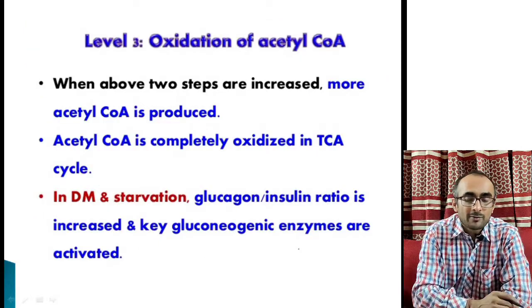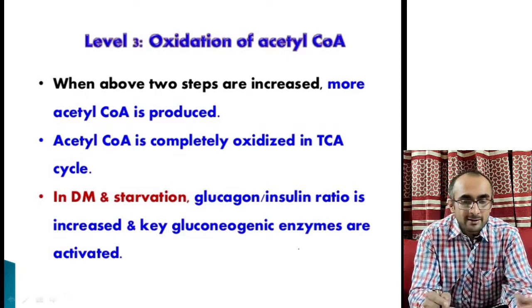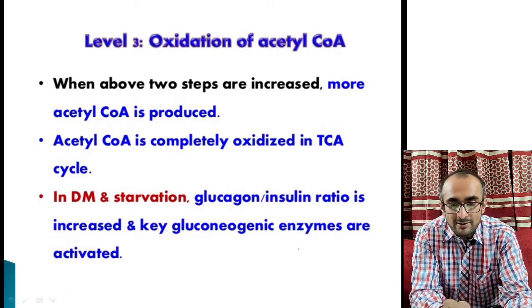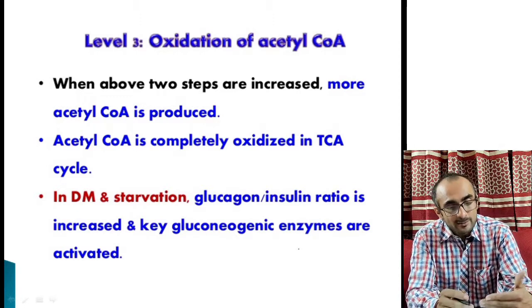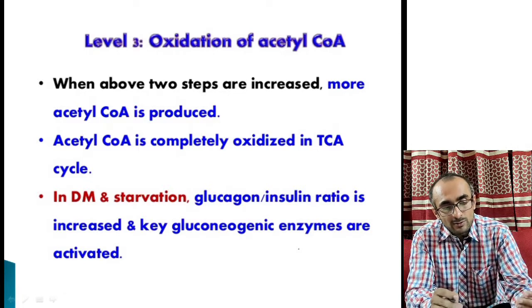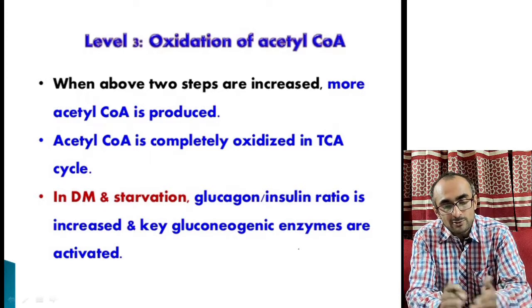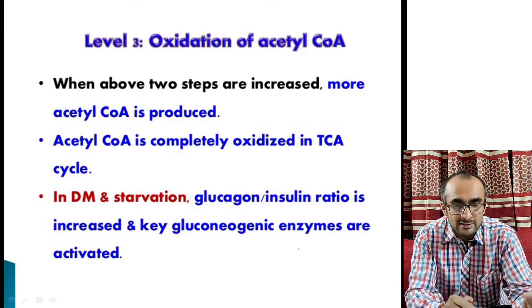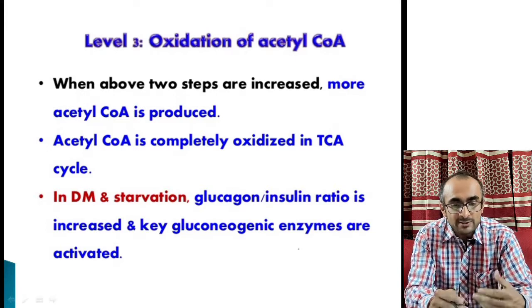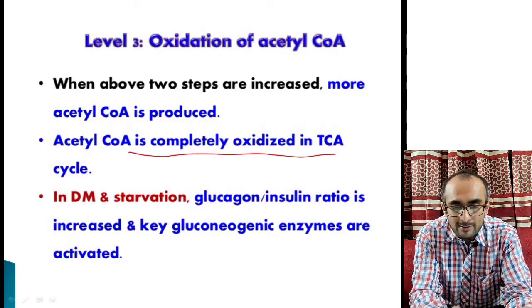The third level of regulation is oxidation of acetyl coenzyme A. When the previous two steps are active, more acetyl coenzyme A is produced, because in the previous two steps we have seen that fatty acid is able to be transported from cytosol to mitochondria, and beta oxidation is increased. When beta oxidation is increased, acetyl coenzyme A is present in high concentration, and this acetyl coenzyme A is completely oxidized in the TCA cycle.